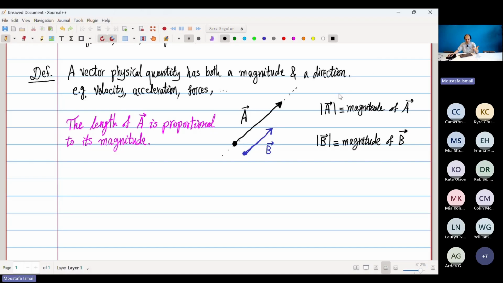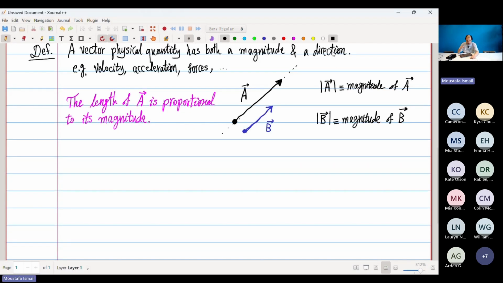Given vectors, we can add them, we can subtract them, and we can multiply them by scalar values. So let's see how to add two vectors. So this section is the graphical use of vectors. Vector addition.